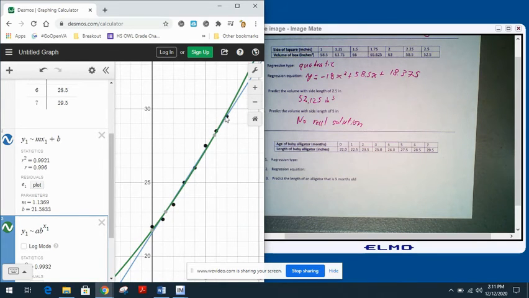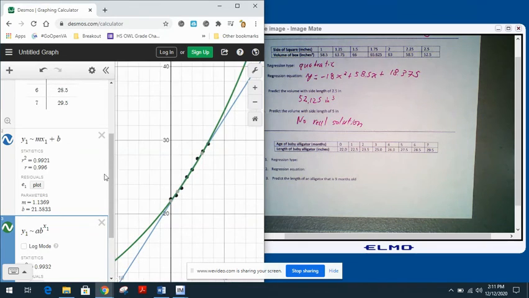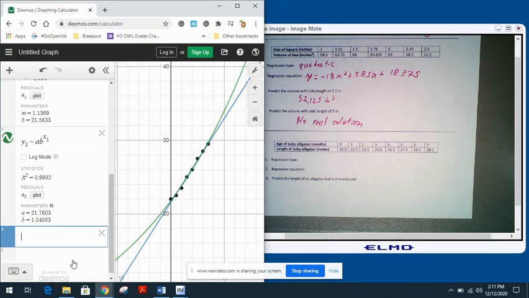So the blue line probably does a better job because you can see the exponential is going to be way steeper right there, versus the blue line, which is kind of following the steepness right near the top. You could also do our quadratic and just check it out.